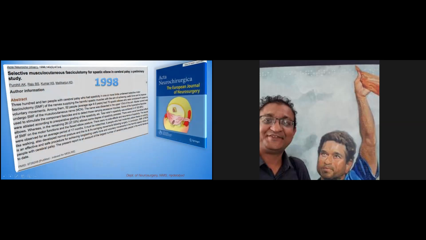We first published in 1998, after 4 or 5 years of our experience, and gave a very particular name to this surgery, selective motor fasciculotomy, because this gives you an idea that you are going to the fascicle only to ablate it, not selective neurotomy, which means the nerve. So this is how it was accepted.